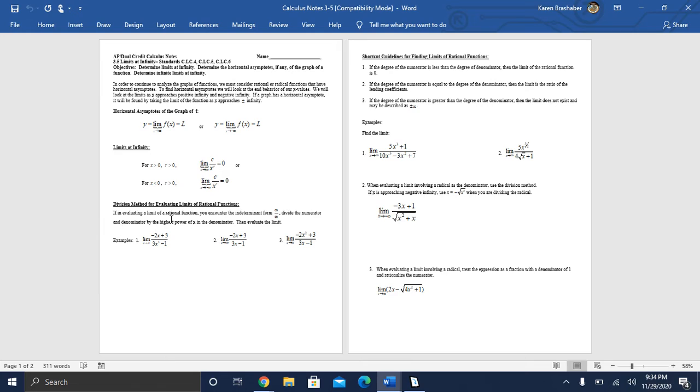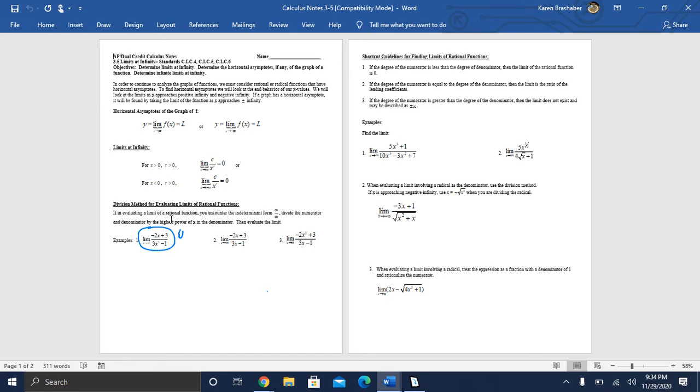And so I want us to go back and look at example number 1. Rather than having to do all the work that we did on example number 1, you can simply look at your numerator and your denominator. So here we are at example number 1. The numerator would be x to the first, so this would be a degree of 1.